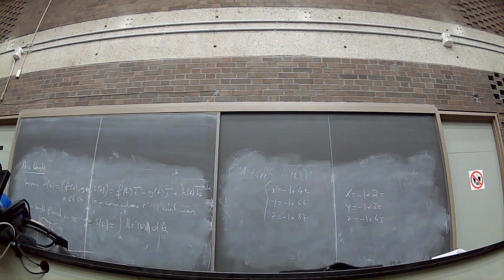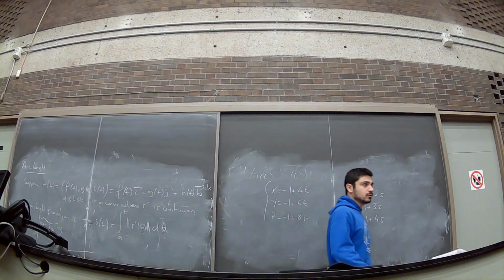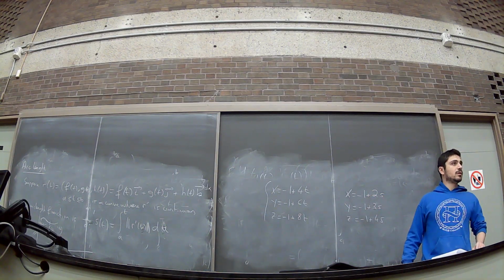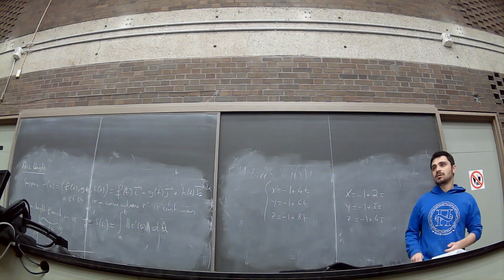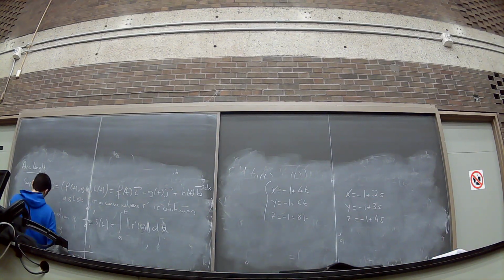You integrate from A to t the norm of R prime of u du. I think you saw this in calculus 2 for two variables, right? So you just cut the length from t equals A to the point t. You fix t, bigger than A and less than B.